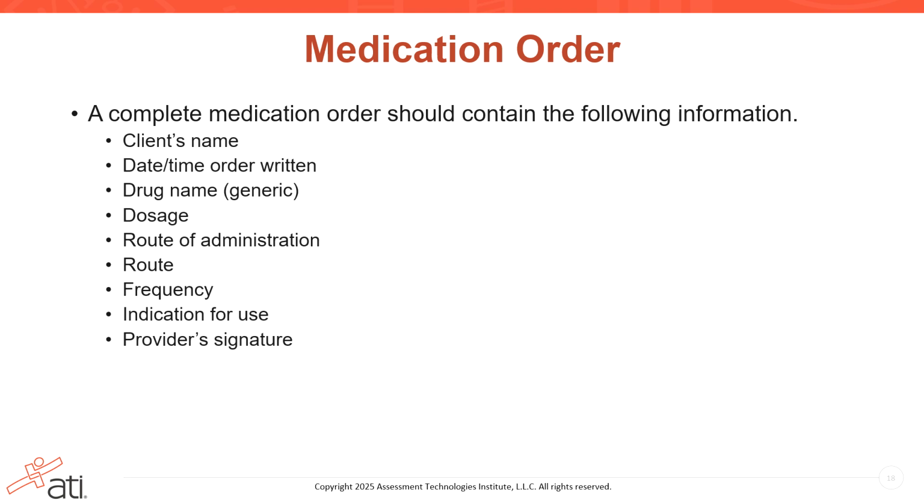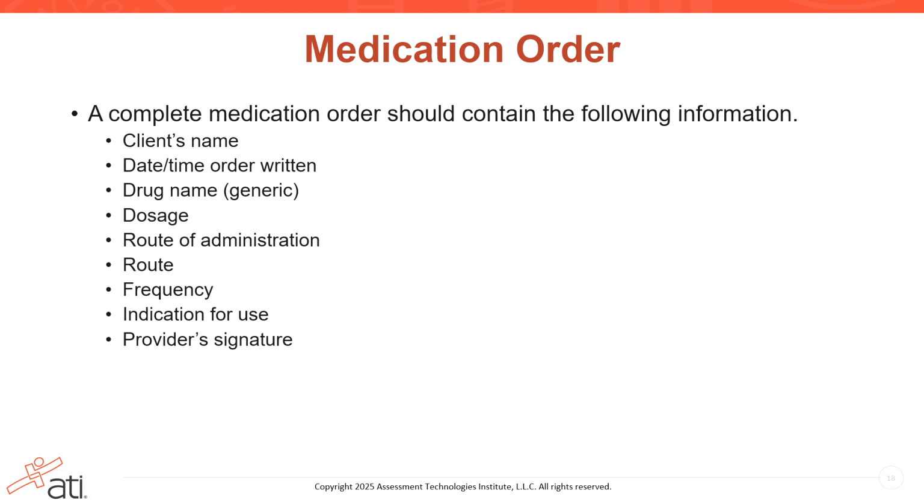When we look at a physician's order or any type of medication order, these are the things that it should have on there at a minimum. We have to have that person's name. We have to know the date and time that it was written, the drug name. Sometimes they use the generic, sometimes we use the trade name. However, for purposes of NCLEX, it's always going to be the generic name.